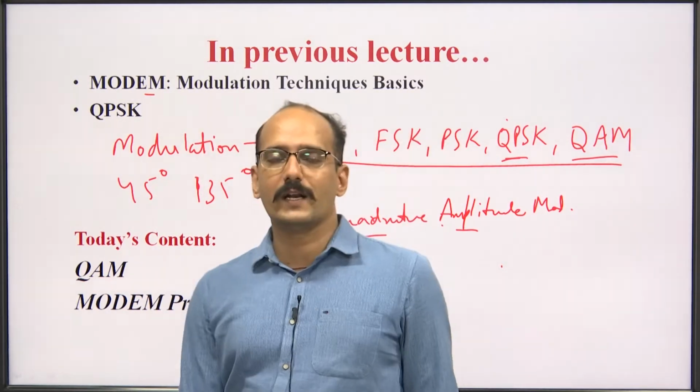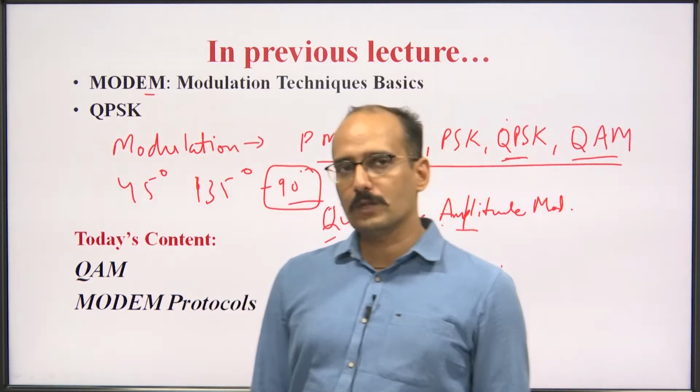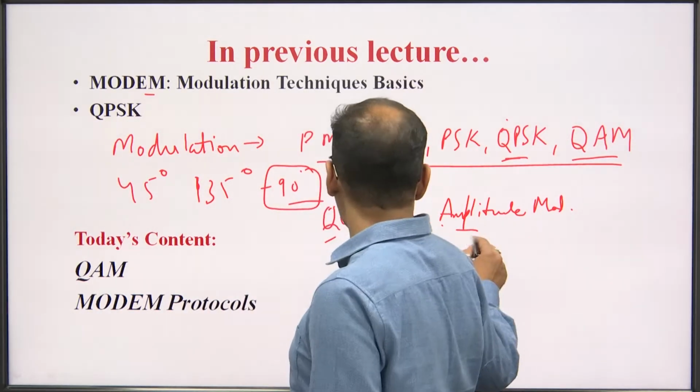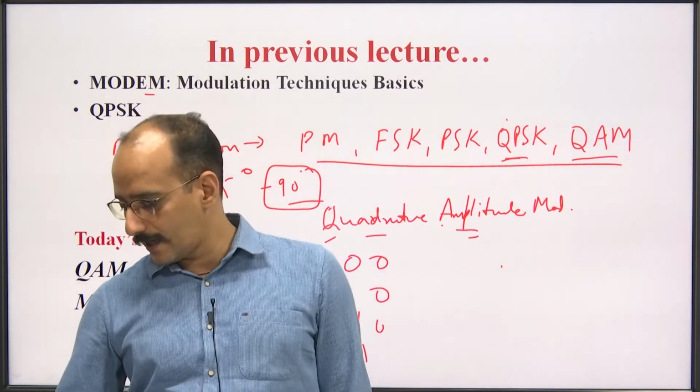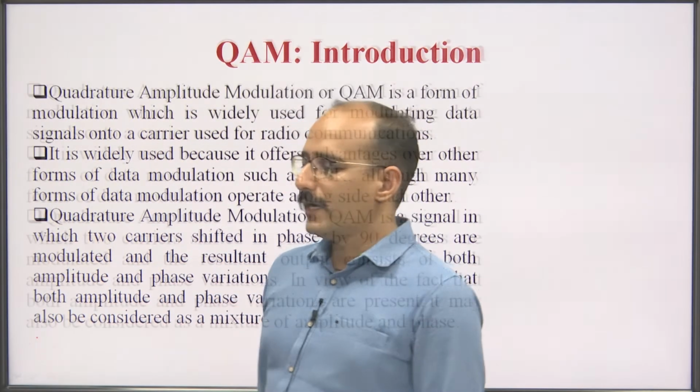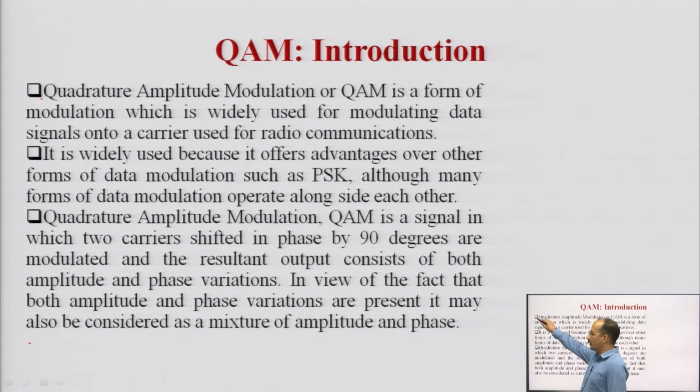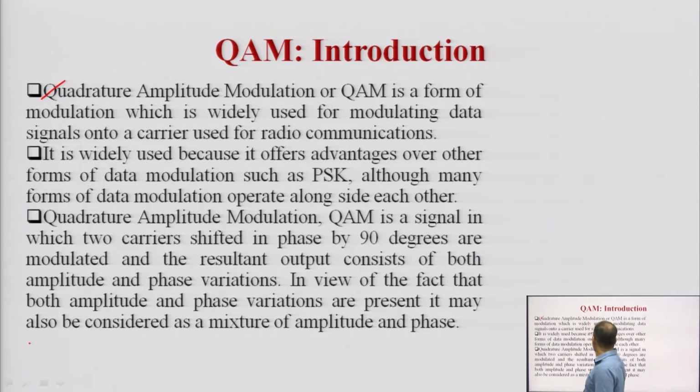In this QAM part, we are using both the quadrature and in-phase lines with a change in the amplitude. So it is a hybrid technique. Quadrature amplitude modulation is a form of modulation which is widely used for modulating a data signal onto a carrier for radio communication, and in telemetry you require radio communication the most.